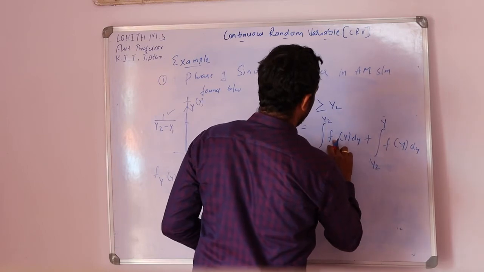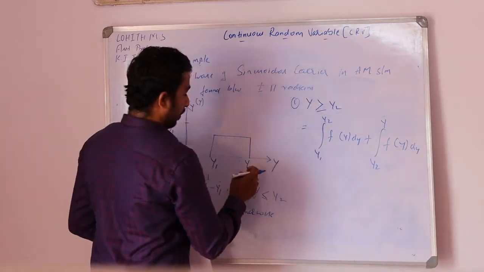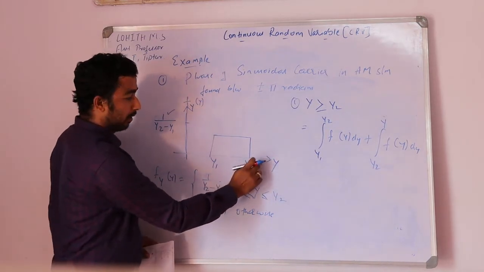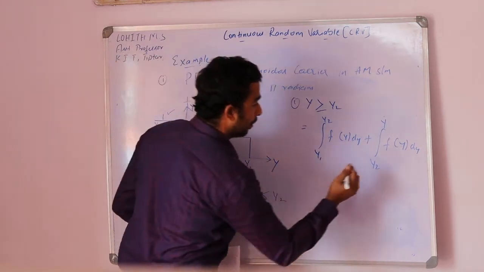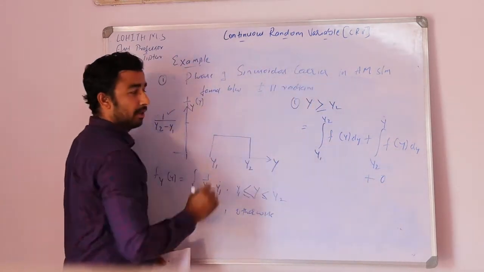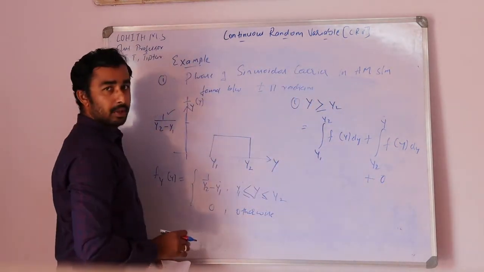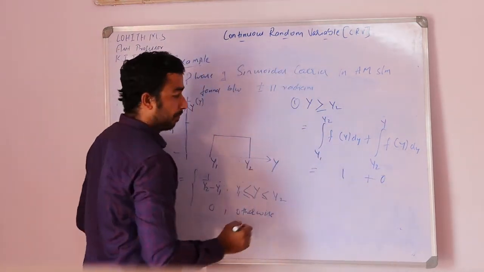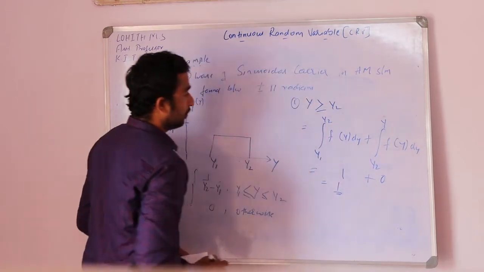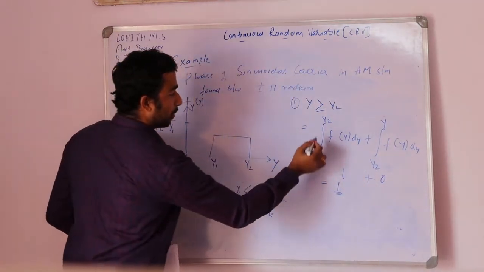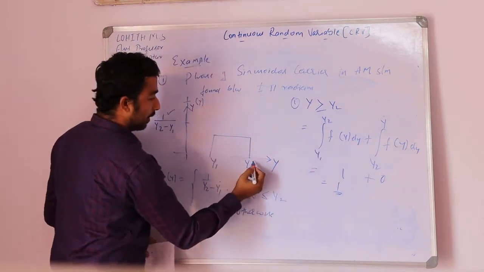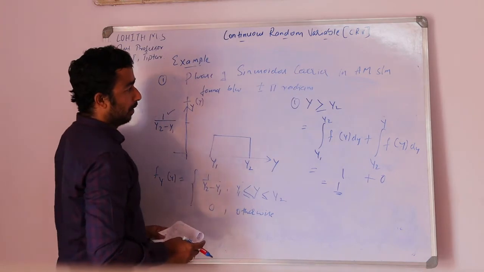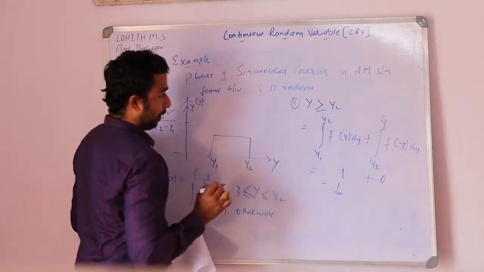From y2 to y, the PDF is 0, so you can write this as 0. From the previous equations, we solved that from y1 to y2 it is 1. So 1 plus 0 equals 1. So for y greater than y2 it is 1.